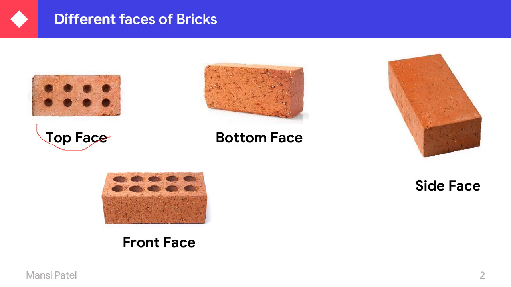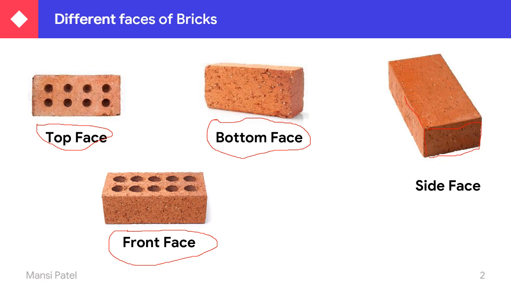So we can say top face is the first face, then bottom is the second one, front is the third one. Now you can see here this is the side face of brick. This is the first side face.